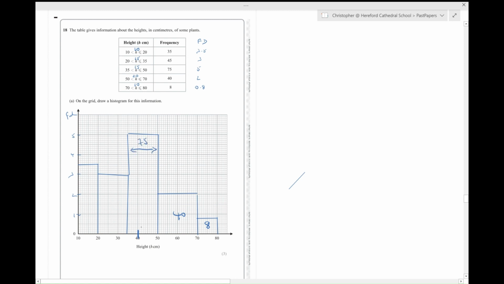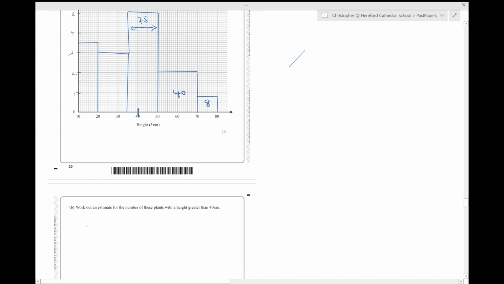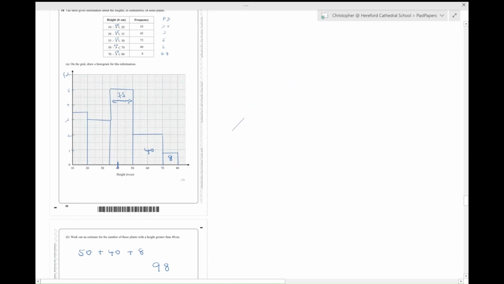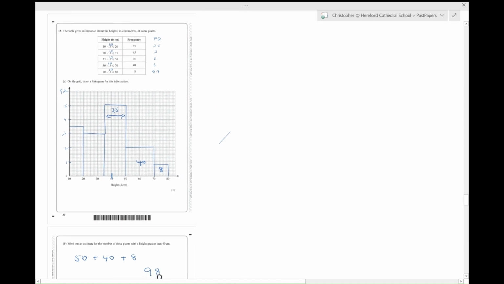Well, from 40 onwards, that's 2/3 of the 75, isn't it? So that's going to be 50. So my answer is going to be 50 plus 40 plus 8, 98. And that is question 18 on histograms finished.